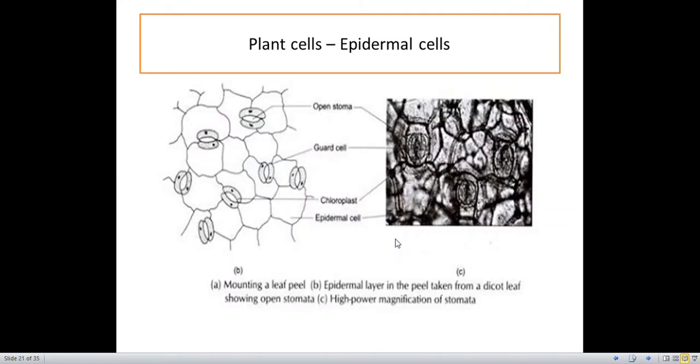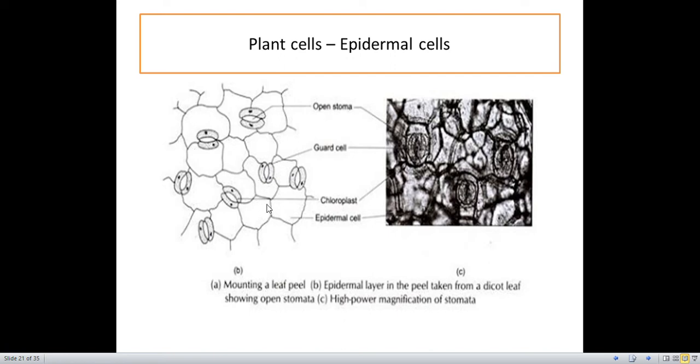Now I have shown you a slide of epidermal cells taken from a leaf. This is a dicot leaf showing open stomata. Right, now you can see the epidermal cells like this. The slide will be like this. If you draw the diagram, it will be like this.